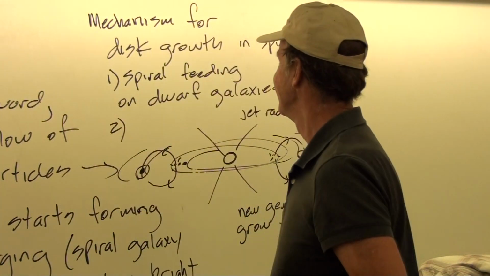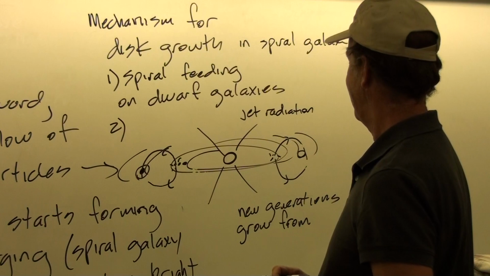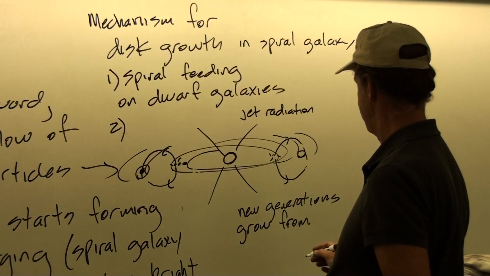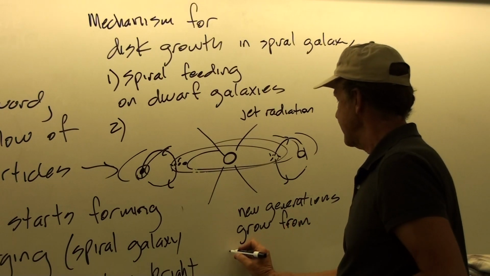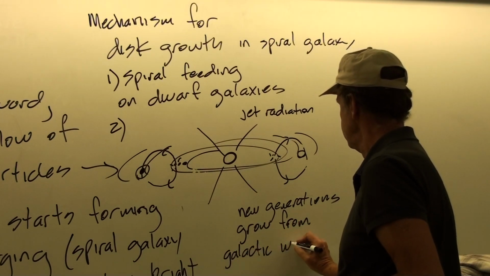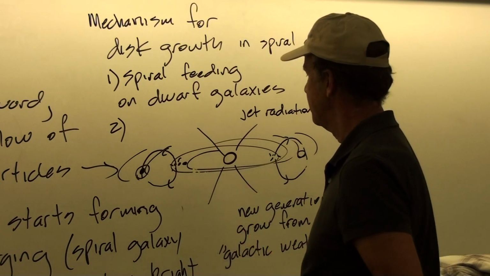But it's still young in comparison to the overall age of the galaxy. And so we think this kind of galactic weather can also help in disk growth.